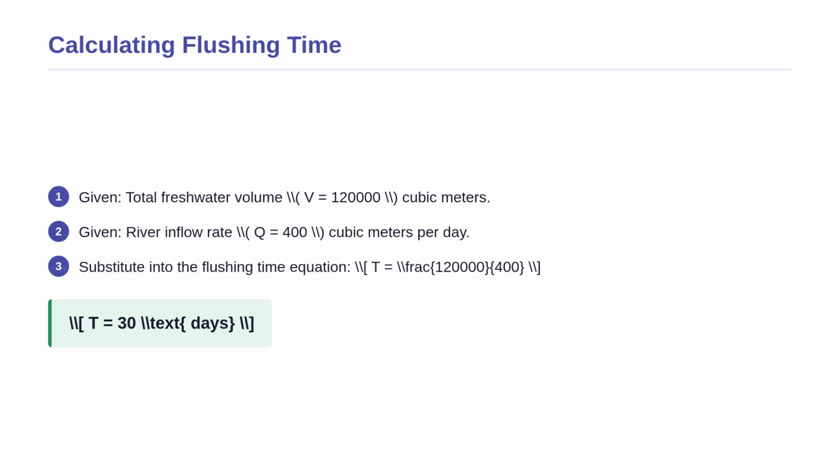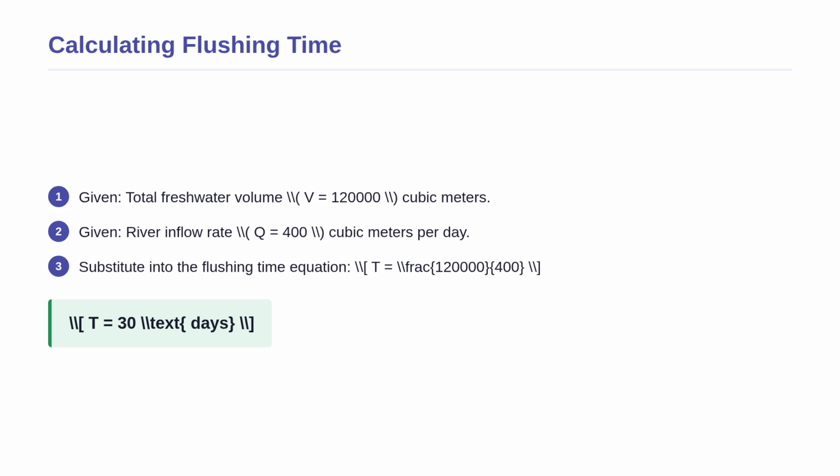Let us apply this formula to a real-world scenario. Imagine an estuary has a total freshwater volume of 120,000 cubic meters. The river flowing into it supplies new freshwater at a steady rate of 400 cubic meters per day.